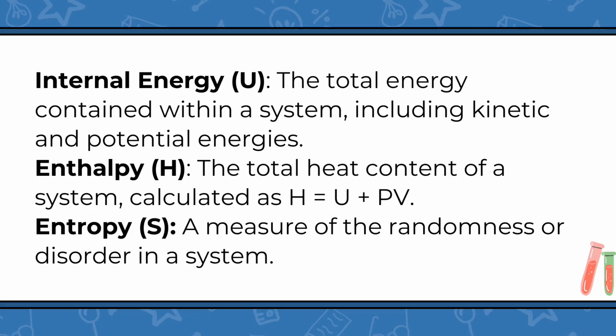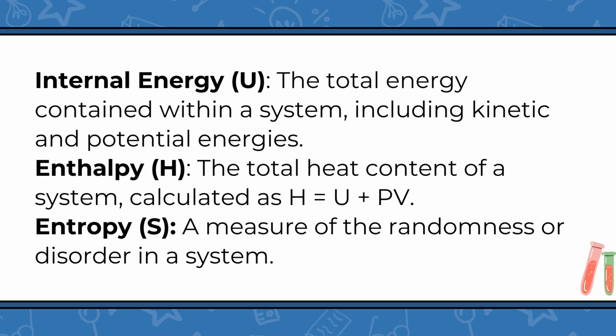Third is internal energy, which is symbolized by U. Internal energy is the total energy contained within a system, including kinetic and potential energies. It includes two main types of energy.